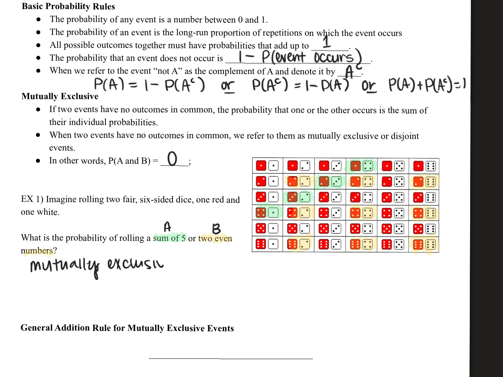Which means, for the probability of getting my two events, there are 4 out of the 36 outcomes that result in a sum of 5, and there are 9 outcomes that give you two even numbers, which gives me a total of 13 out of 36.